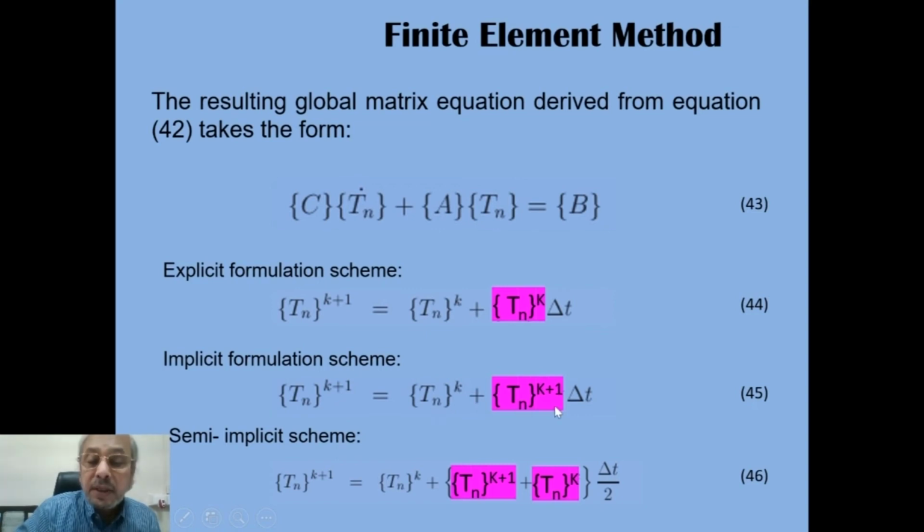This is fully implicit, because if we write this at the K plus 1 level, then it becomes fully implicit. And if we write this Tn as the average of two time levels, that means K plus 1 and K by 2, then it becomes semi-implicit, or basically Crank-Nicolson implicit.